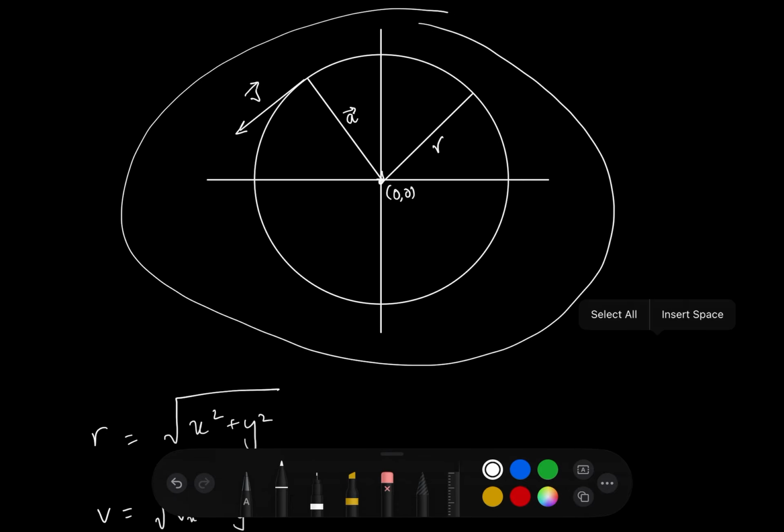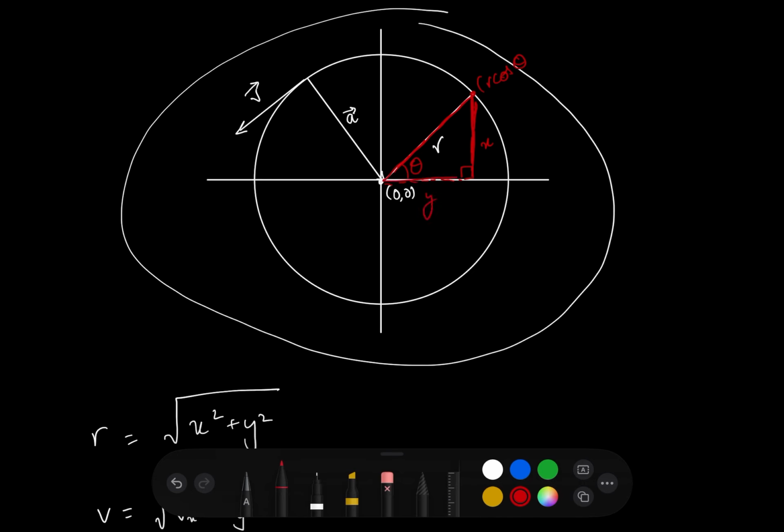Now you'll also notice that our x coordinate can be written as r cosine theta if this is the angle theta. This is because if we construct ourselves a right angle triangle here, then the x coordinate is the opposite side, and we know that r is the hypotenuse, so cosine theta, which is opposite over hypotenuse, times the hypotenuse is just going to be the opposite, or x.